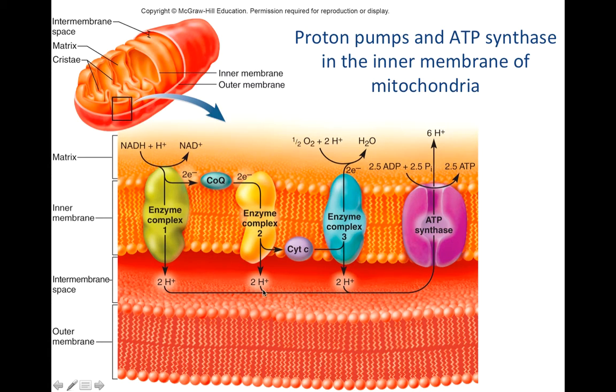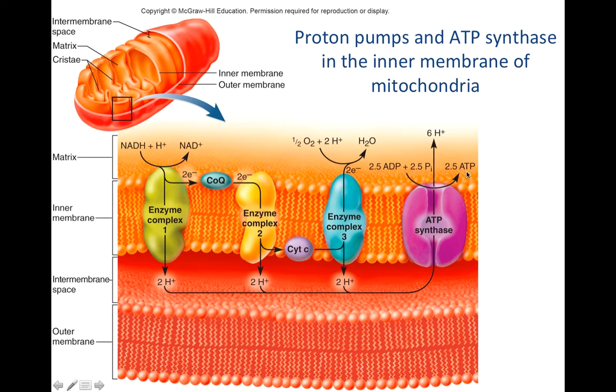So you can see these 2, 4, 6 hydrogen ions are now on the other side. As these hydrogen ions flow down their concentration gradient, this ATP synthase is able to use that energy to form these bonds. So ADP forms a bond with phosphate, forming ATP. And so you're going to be forming many ATP this way.